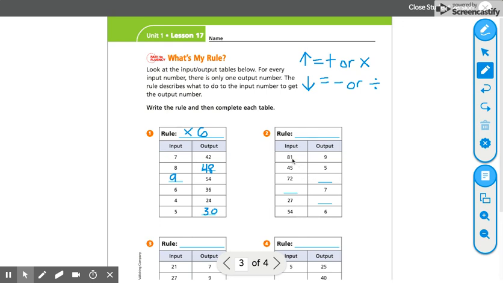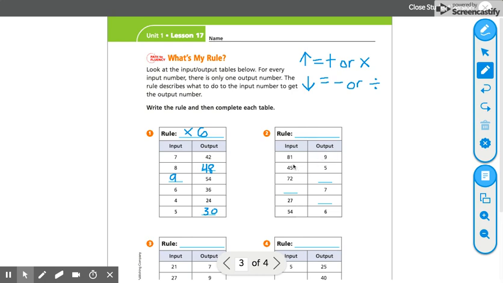So if I do 81 minus 40, I would get 71, 61, 51, 41. Well, that didn't work. So it's not minus this time. It has to be divide. So 81 divided by what equals 9? Or I could think 9 times what equals 81, right? Do the inverse. But I know that 81 divided by 9 equals 9.